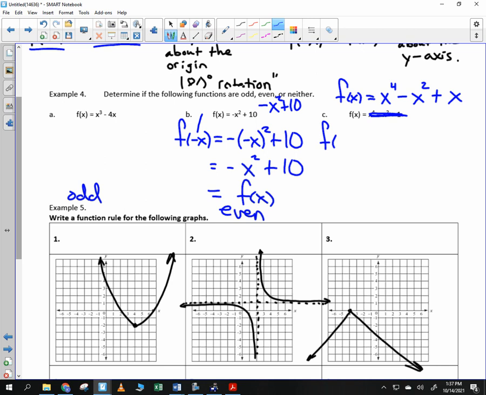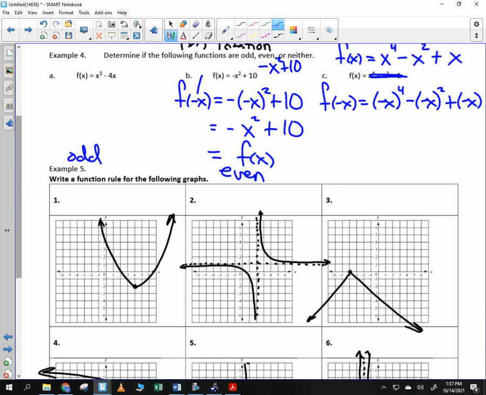So we do f of negative x. So we have negative x, that quantity to the fourth, minus negative x, quantity squared, plus a negative x. What is negative x to the fourth power?